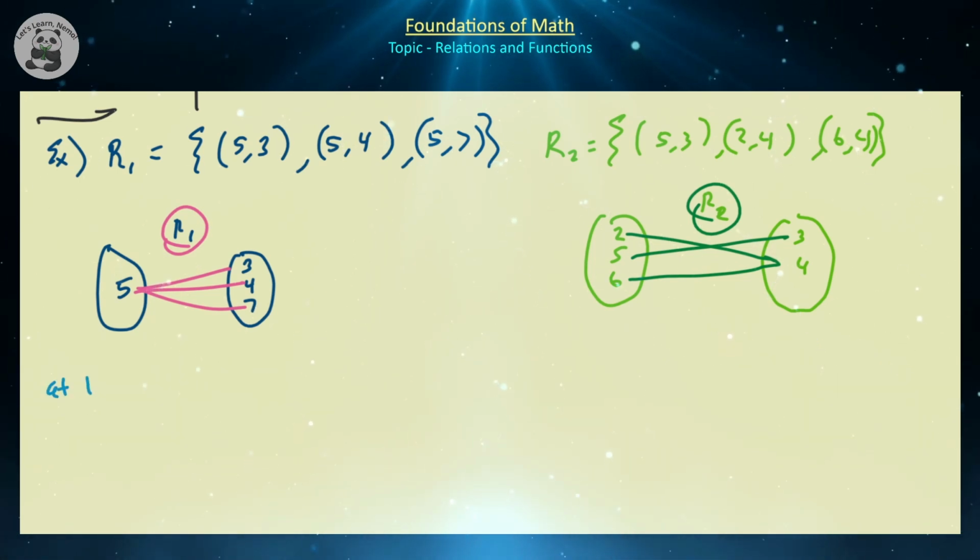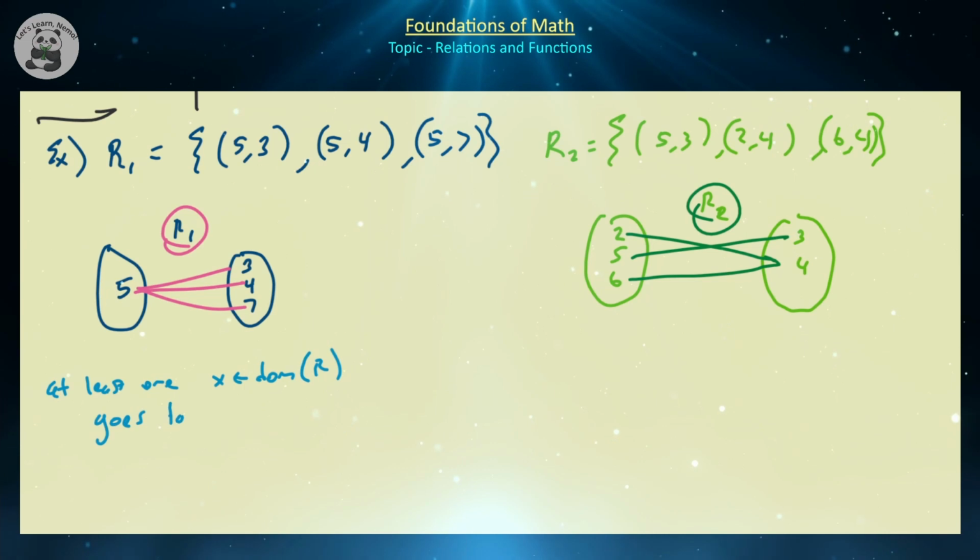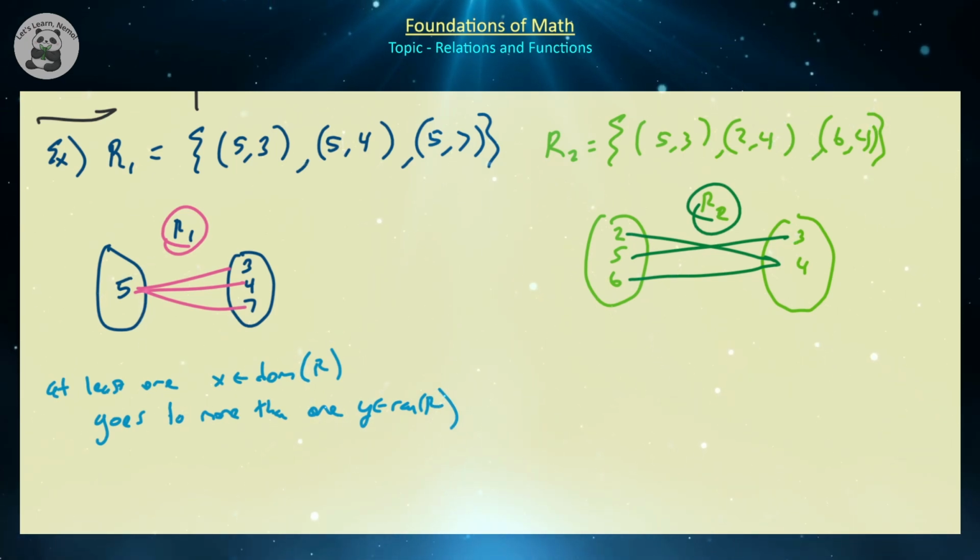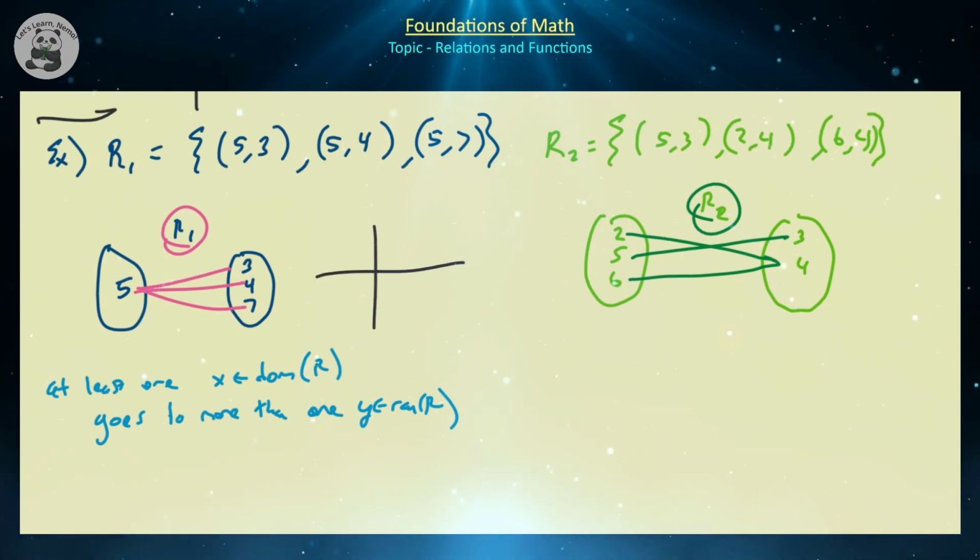So at least one x in the domain of a relation goes to more than one y in the range of the relation. So if we were to look at the Cartesian graph of this, and look at, for example, 5, obviously we have 3, 4, and 7 as the outputs, and we put a little dot.